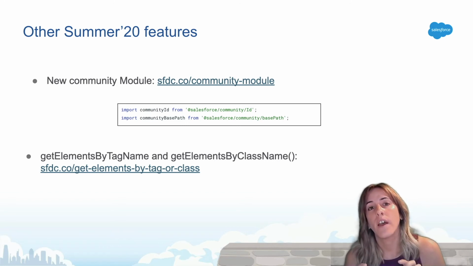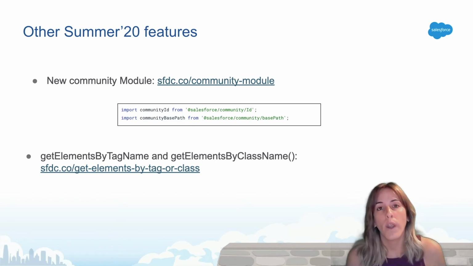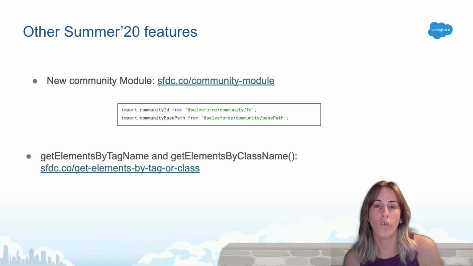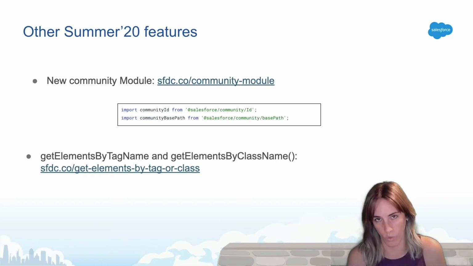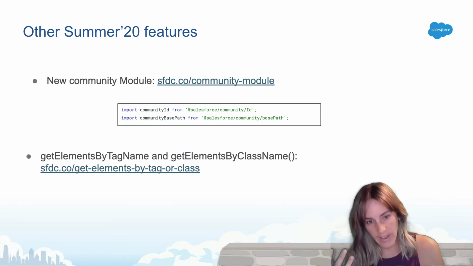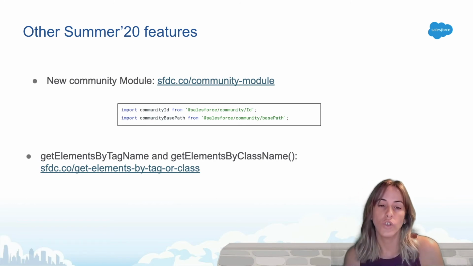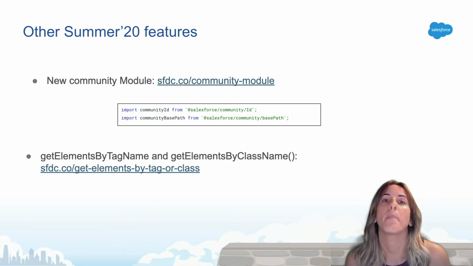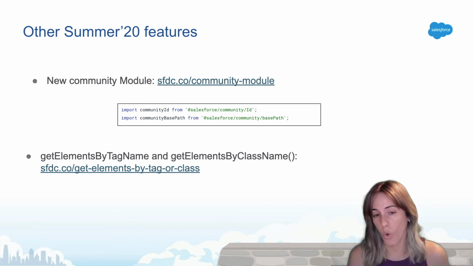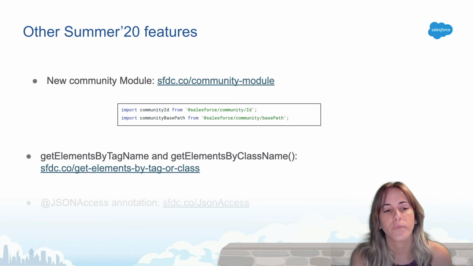And if you want to query the shadow root interface, this is the template of the component, you still have to use query selector and query selector all, right? Don't get confused with that. But that said, I think these are two very useful new additions that are going to streamline the way in which you write your code in some of the cases.